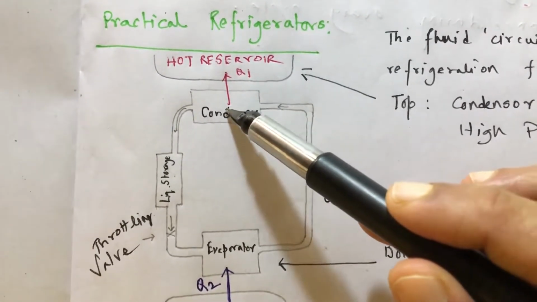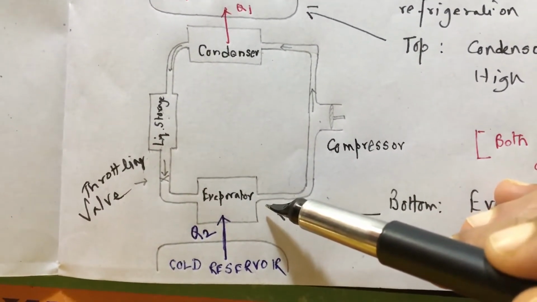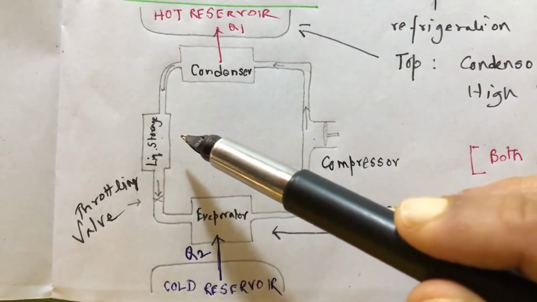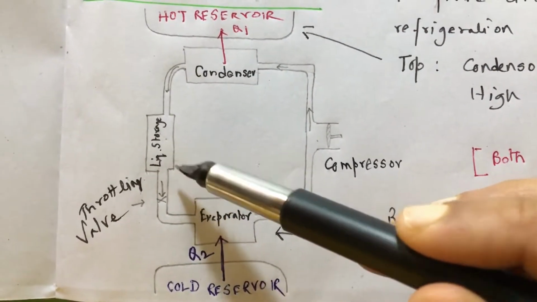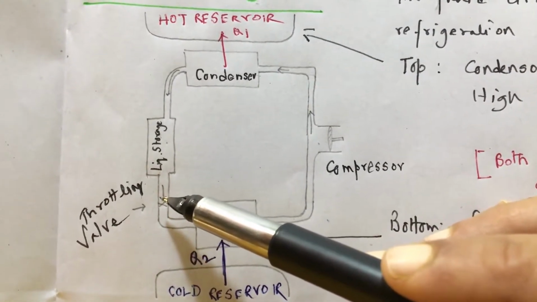The fluid then expands adiabatically to this evaporator, and the rate of flow of liquid or fluid from this liquid storage to this evaporator is being controlled by this throttling valve.